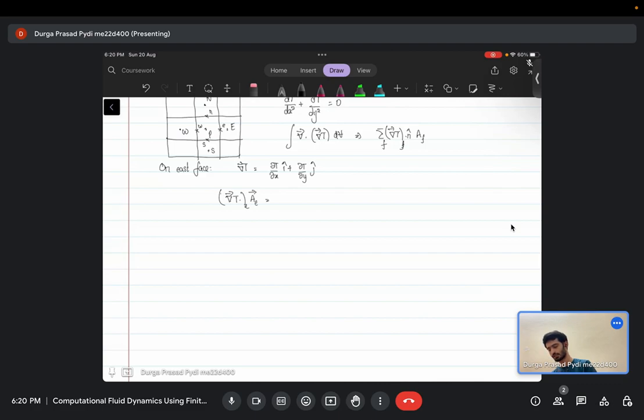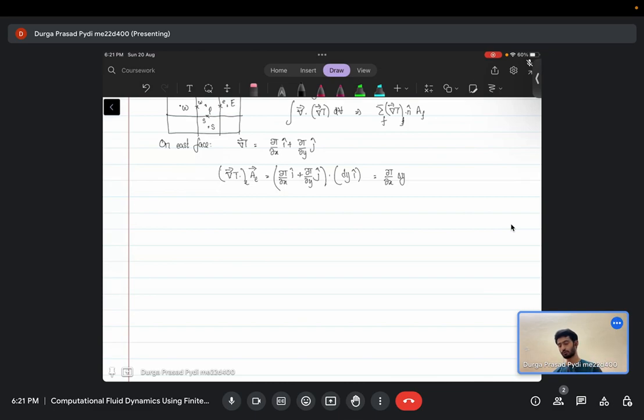This is del T del x i hat plus del T del y j hat dot the area vector. For the east face, the area normal points towards the right, and the area is essentially delta y times i hat. So this will give you del T del x times delta y.